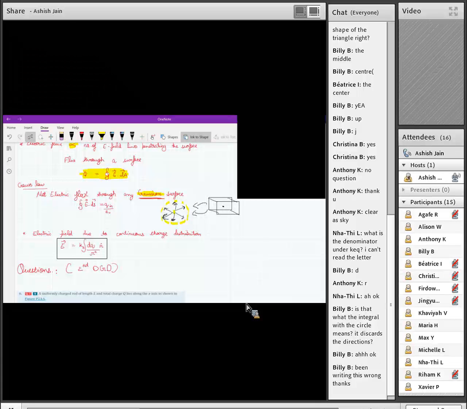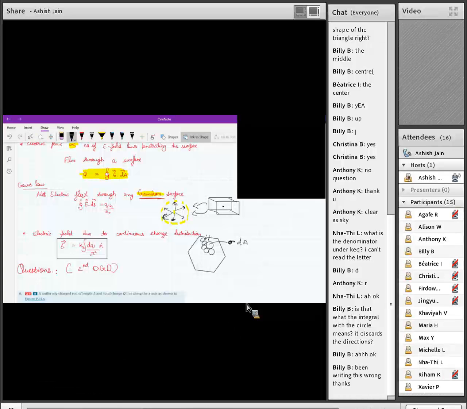As I told you before, if a surface has continuous charge distribution, you can break it into infinitesimal area elements and say the surface charge density related to it, sigma dA, and then you integrate over all the infinitesimal points to cover the whole area.